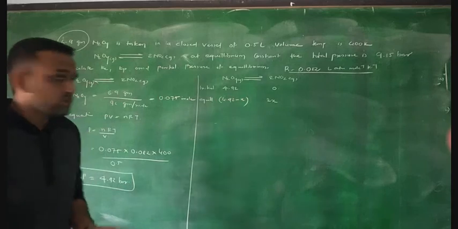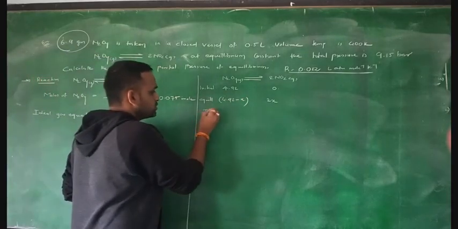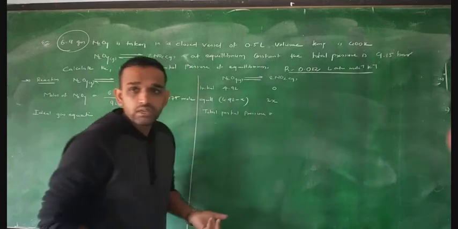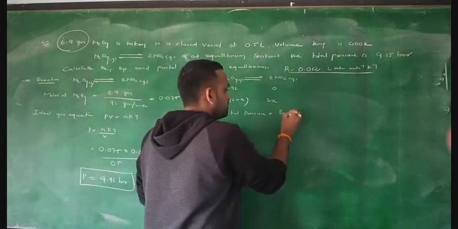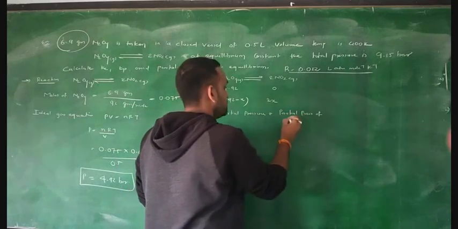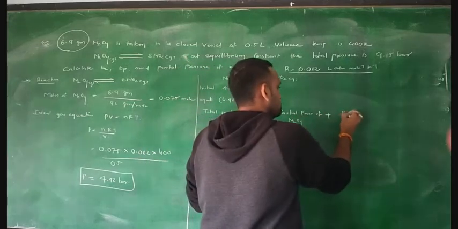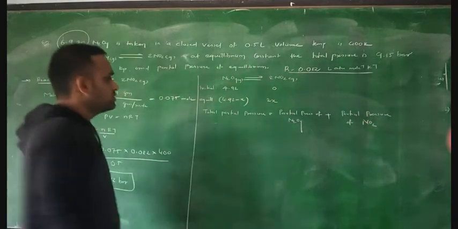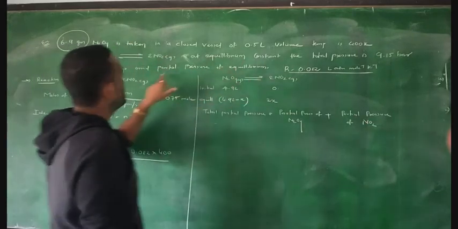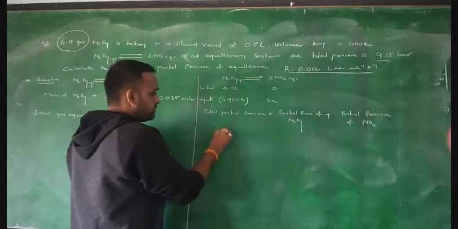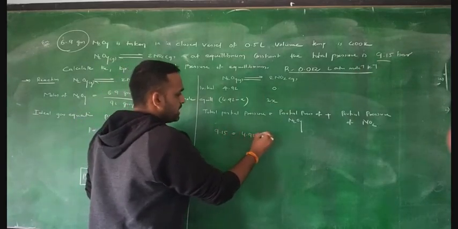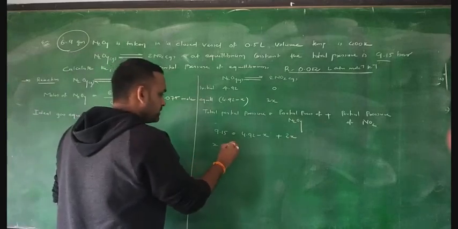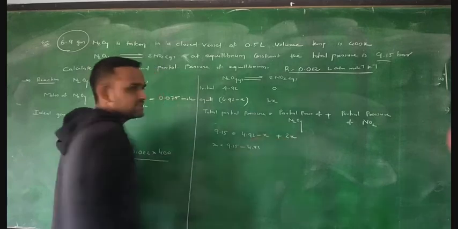अंडरस्टैंड? नाउ व्हाट इज टोटल प्रेशर? टोटल प्रेशर इक्वल्स टू पार्शियल प्रेशर ऑफ N2O4 प्लस पार्शियल प्रेशर ऑफ NO2. अंडरस्टैंड? सो यहाँ पे टोटल प्रेशर तो मुझे दिया हुआ है 9.15, so 9.15 equals to 4.92 minus x plus 2x. अंडरस्टैंड? सो पुट द वैल्यू. सो x इक्वल्स टू 9.15 माइनस 4.92, क्योंकि 2x से x गया तो 1x रहा.